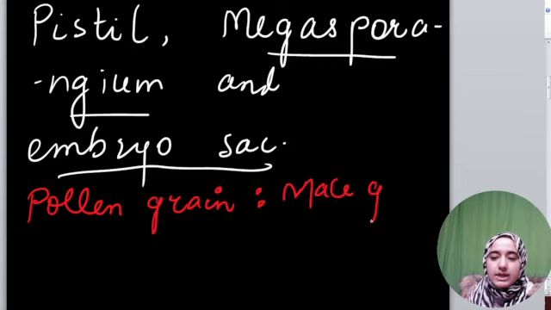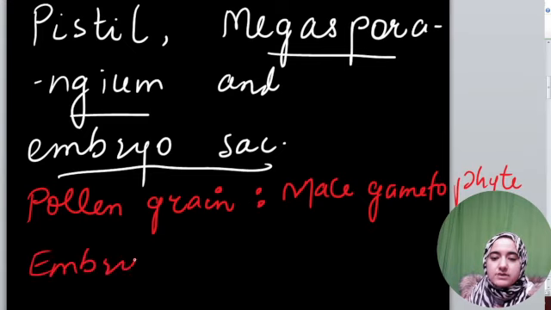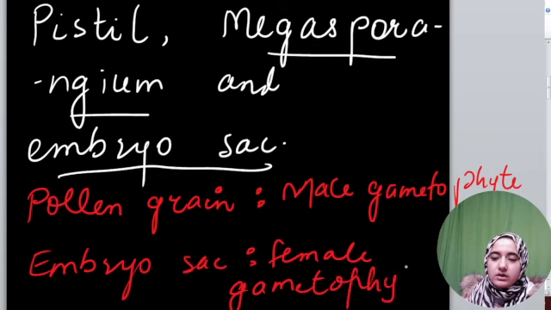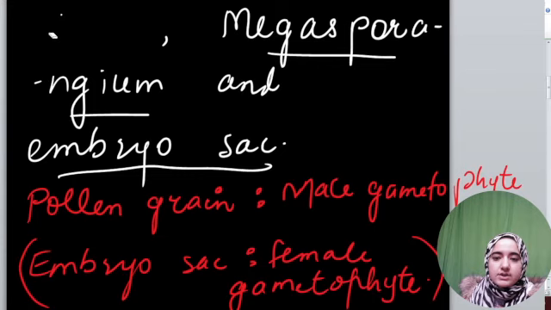Pollen grain is male gametophyte, that means it's carrying male gamete. And here embryo sac is female gametophyte. I hope this concept is clear. That means inside embryo sac we have female gametes. Okay, great. I'm erasing it.